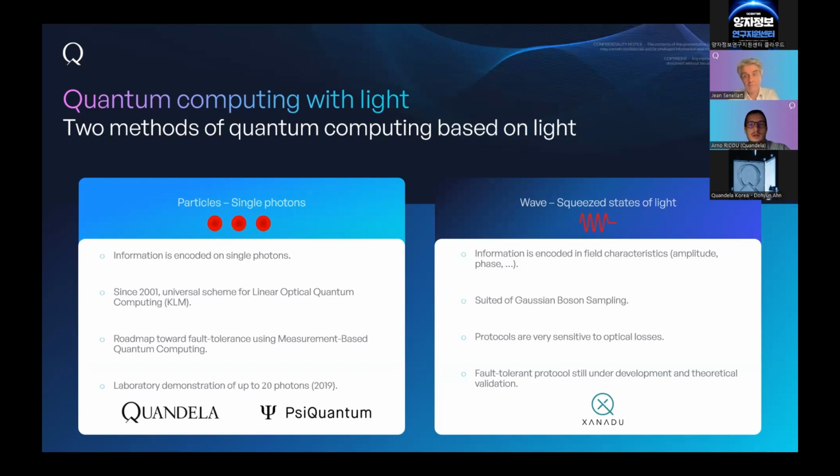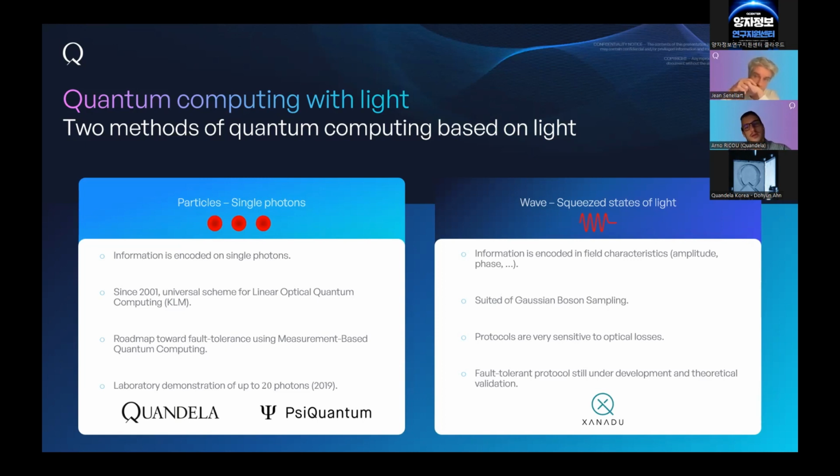Today we're in the NISQ era. NISQ means noisy intermediate-scale quantum. The devices have some noise, so whenever we ask the system to do some operation, in some cases the photon flips by itself, or we have some errors happening. And intermediate scale means tens to hundreds, even thousands of qubits.